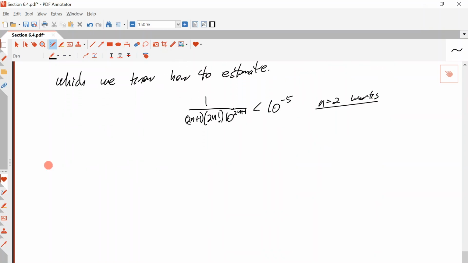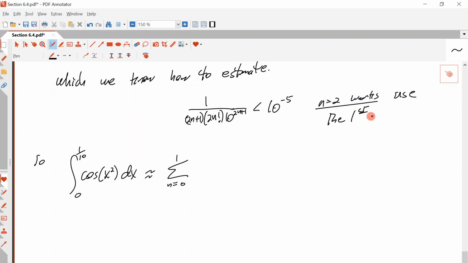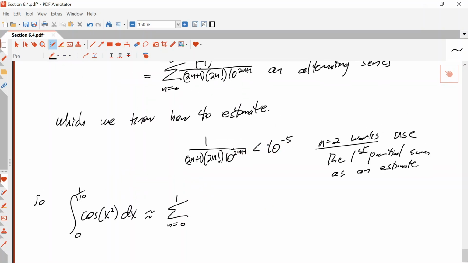So the integral from 0 to 1/10 of cosine x squared is approximately the sum n equals 0 to 1, the first partial sum, as an estimate. Right, because n equal to 2 works in this inequality, so use the partial sum 1 less than that.